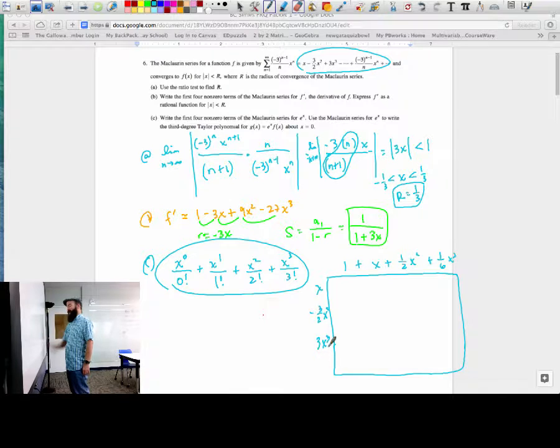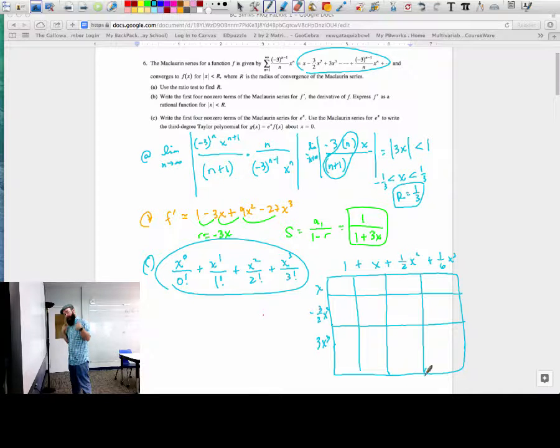And I don't need to list anything higher because it only asks me to get the third degree Taylor polynomial, and any terms higher than that are going to give me things that are bigger degree than 3. So when I multiply these, I don't even need to do all these multiplications because some of them are going to give me things that have a higher degree than 3, like this one, and this one, and this one. I think the rest of those, though, are going to give me things that are third degree and smaller. So I'm going to multiply those things out.